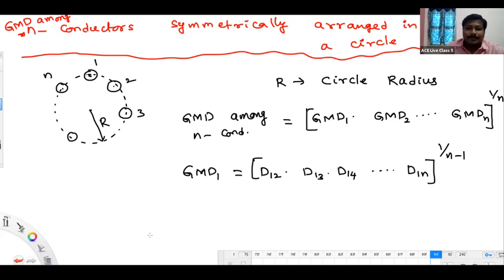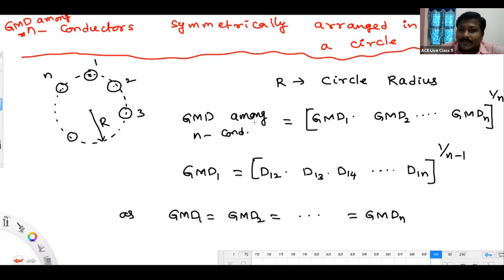And see, if you calculate GMD2, it will come the same as GMD1. GMD3 comes the same as GMD1, GMD4 comes the same as GMD1. All the n conductors will have the same GMDs. As we know, GMD of conductor 1, GMD of conductor 2, all are equal to GMD of conductor n. Then the GMD among the n conductors will be GMD1 itself.